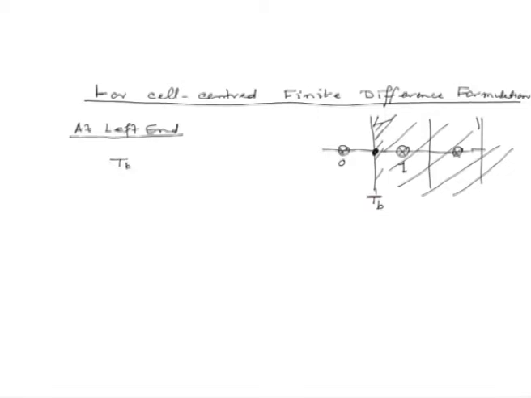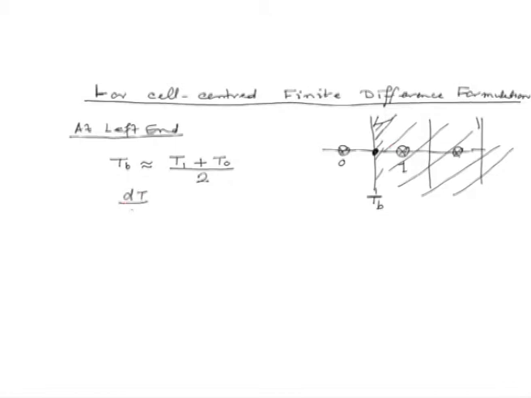Now, Tb would be approximated as an average of the temperature at grid node 1 and ghost node 0. So, Tb would be given as T1 plus T0 divided by 2, and we can easily use central difference approximation for the derivative.